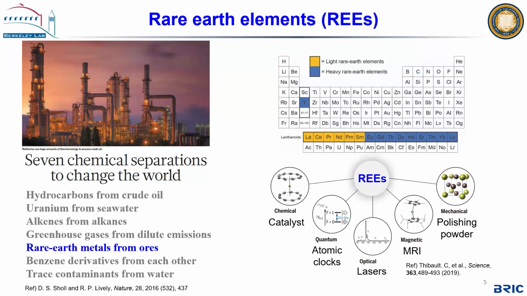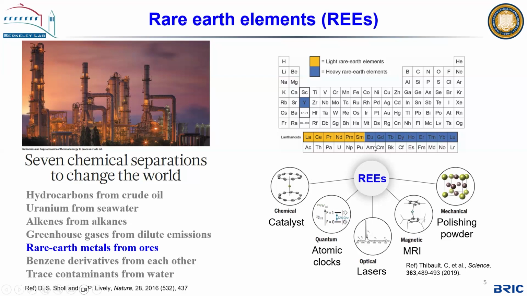The Nd magnet has a strong magnetic property that can be used for batteries and electric vehicles. And some other elements can be used for displays as they generate fluorescence effects. It was chosen as one of the 70 most important chemicals that can change the world in 2016, in this Nature paper.